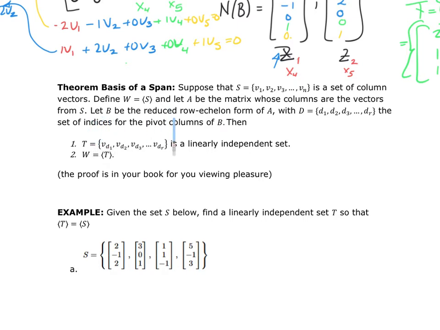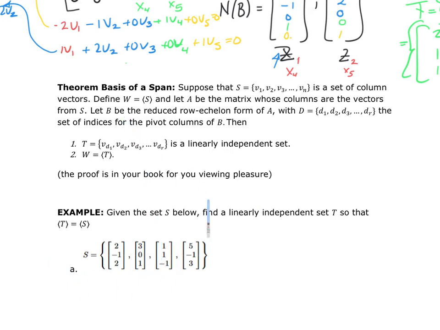Let B be the reduced row echelon form of A. Then D, my dependent columns, D1 to D4, are the set of indices for the pivot columns of B. That's no surprise there. Then T is going to be a linearly independent set if I use the vectors with those pivot columns. And in particular, that will generate and span my set W. The proof is in your book for your viewing pleasure.